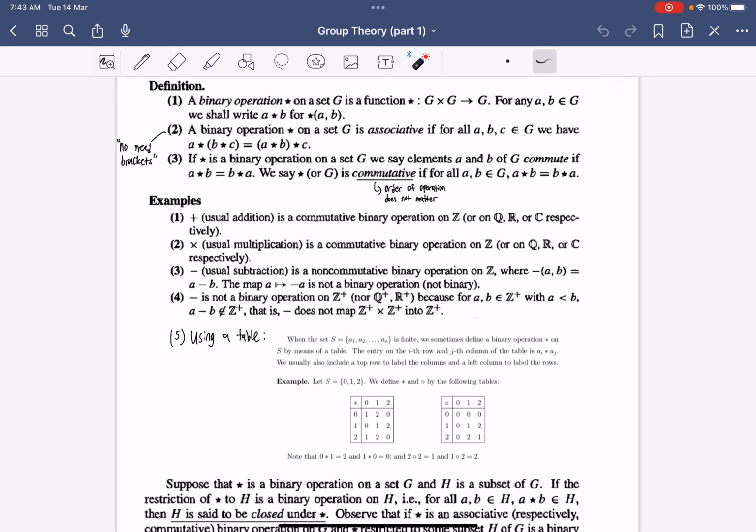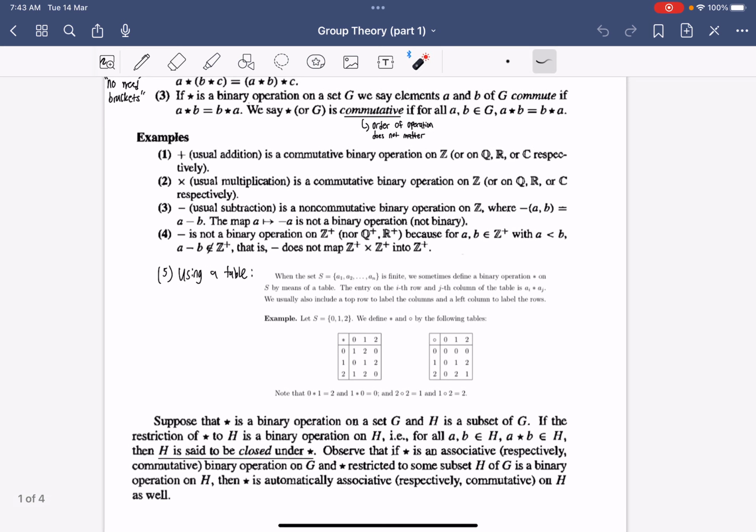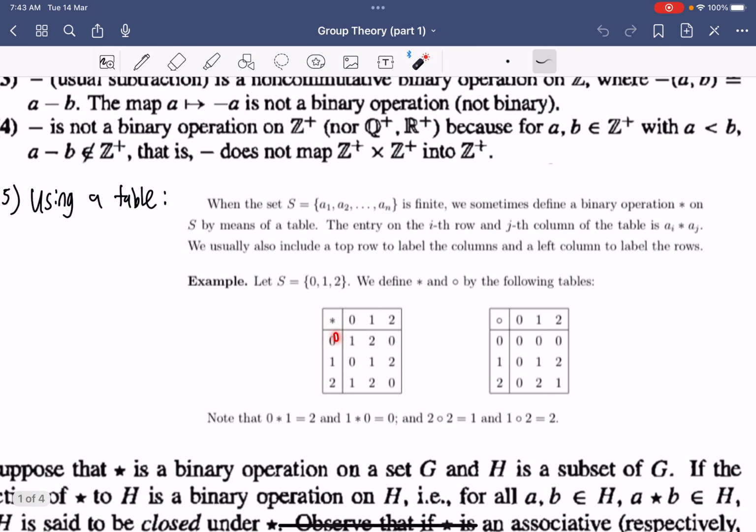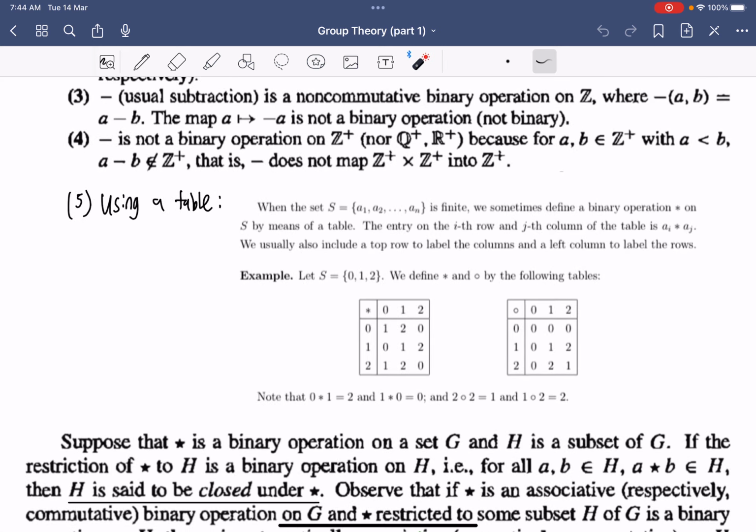You can also represent your binary operation in the form of a table. So this just means 0 star 0 equals 1. 1 star 0 is 0, and so on.